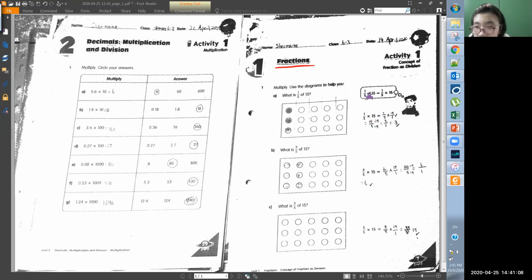You see 1/5 of 15. Of means times, right? So therefore 1/5 times 15. Okay. So can I ask why 1/5 here? You look at the diagram. Why 1/5?